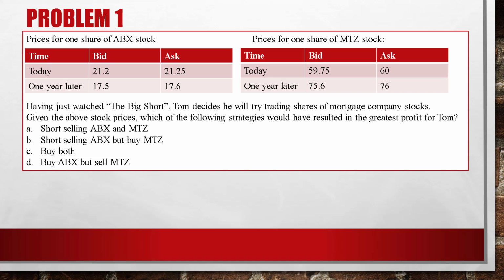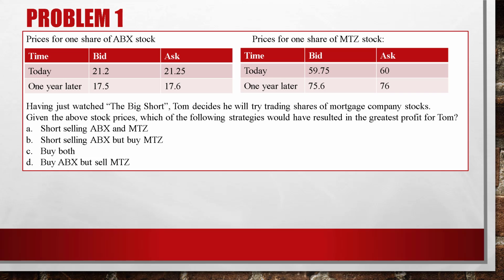On each of the two tables, we have the time frame, today and 1 year later, with the bid and the ask price. Understanding the table is very simple. Let's say you consider the stock ABX today, the bid price is 21.2 and the ask price is 21.25.